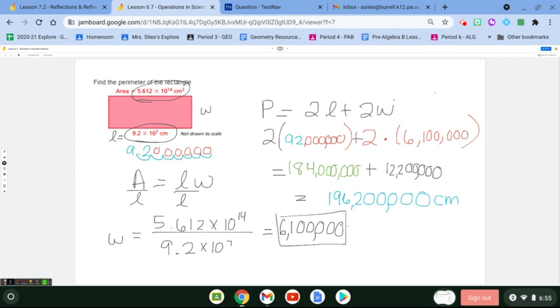I'm going to write my answer in scientific notation. So that means I'm going to put the decimal in between the 1 and the 9. So 1.962 times 10, and then 1, 2, 3, 4, 5, 6, 7, 8. I'm dealing with a large number, so it's going to be a positive exponent. So my result would be 1.962 times 10 to the 8th centimeters.